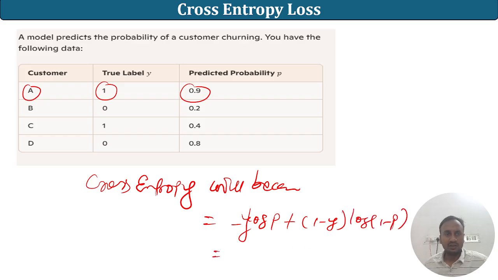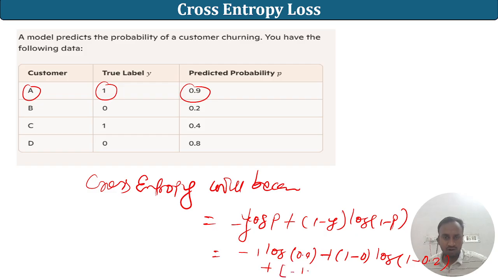So, what we have: the true label is 1, giving minus 1 log of 0.9 plus 1 minus 0 into log of 1 minus 0.2. Similarly for this one also, minus 1 log 0.4 plus 1 minus 0 log 1 minus 0.8.